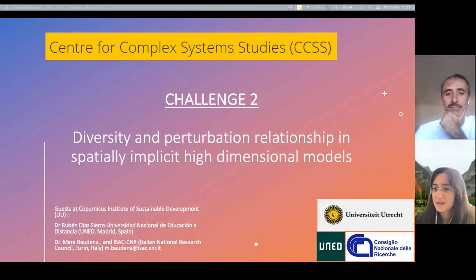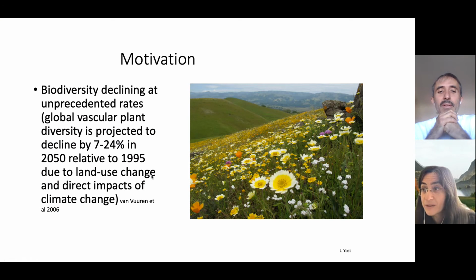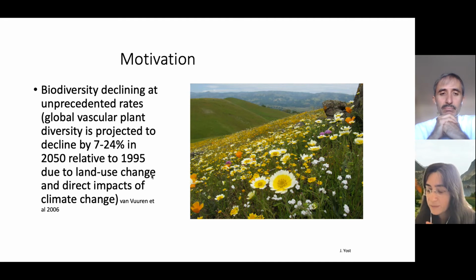I'm going to start by briefly giving you a motivation. Biodiversity, as you probably know, is declining at unprecedented rates. If you're talking about plants, we have projected losses of up to 25% in 2050 relative to 1995.